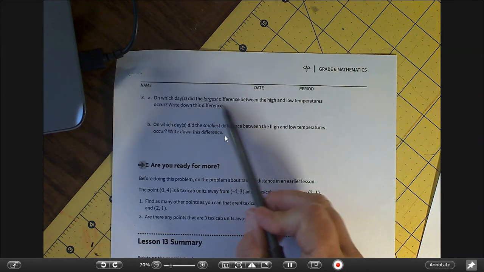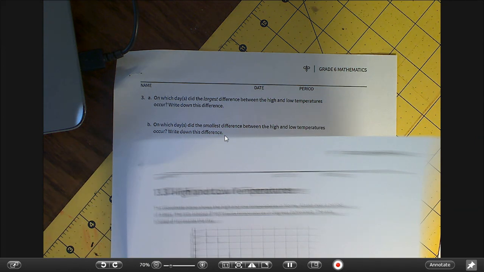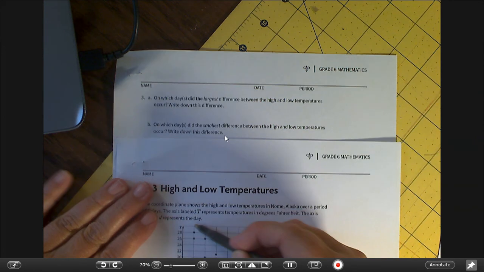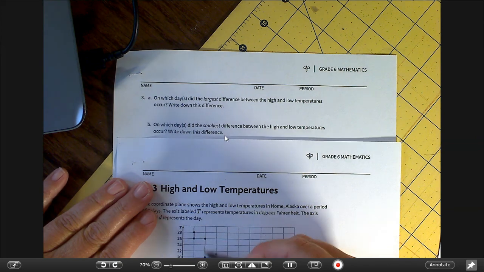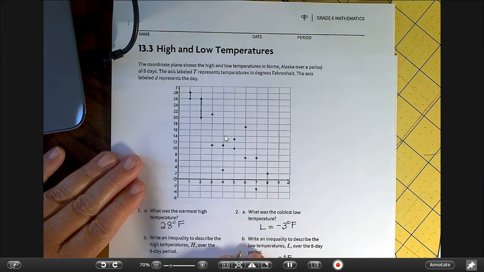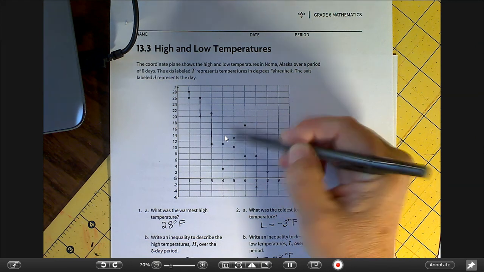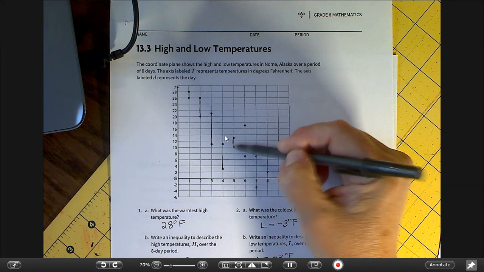Okay, and then number 3 says, on which day did the largest difference between the high and low temperatures occur? So they're talking about the difference between the 2 dots here, which you can't see on here. Okay, so we're looking for the greatest gap between the highest and lowest in each column.